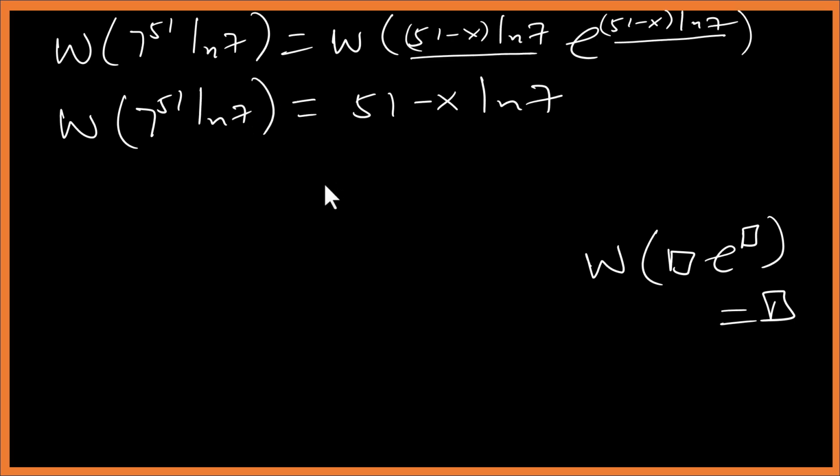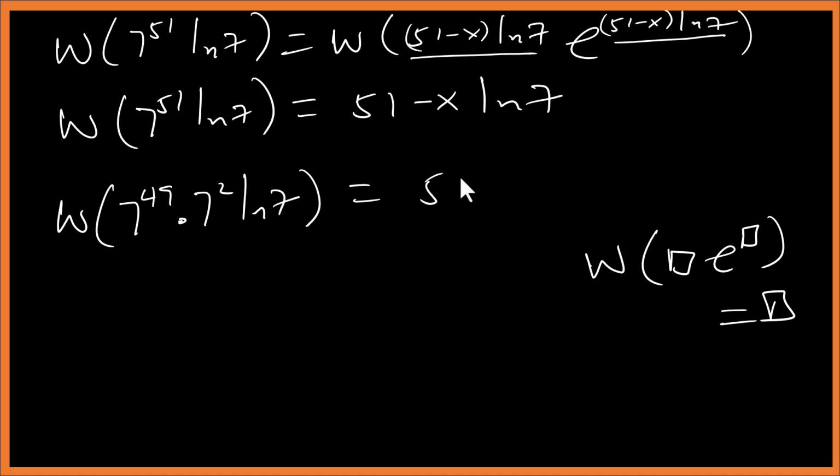Can we adjust the left hand side so that we get rid of the W function here? Good. Now let's write 7 to the power 51 as 7 to the power 49 times 7 to the power 2, times ln of 7, equals 51 minus x ln of 7.